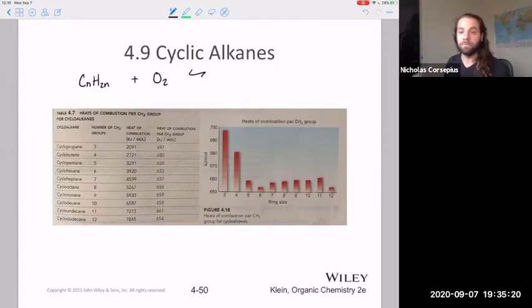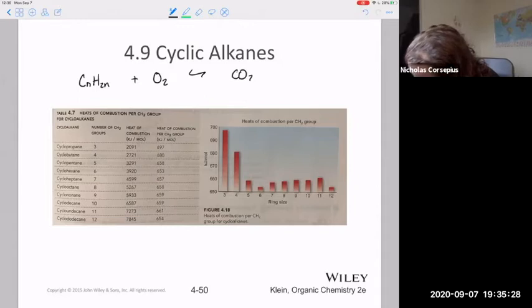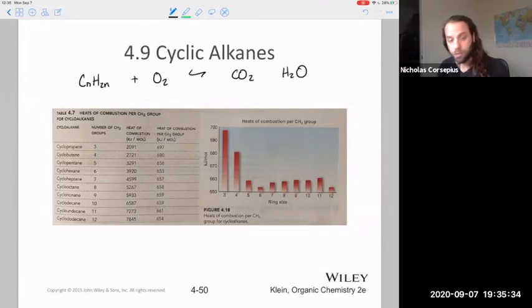Really, any alkane is what powers the world in terms of petroleum. And of course, the whole problem here is that that releases CO2 as well as H2O. And just look that these ratios are going to stay n and 2n. I'll get n moles of CO2 and n moles of H2O.